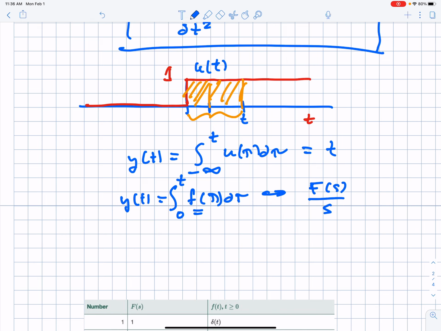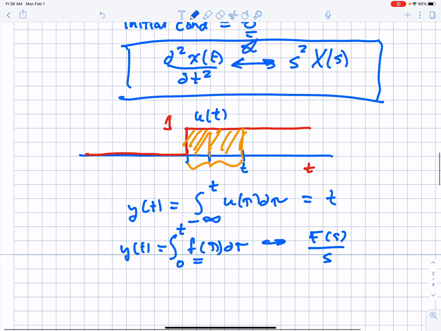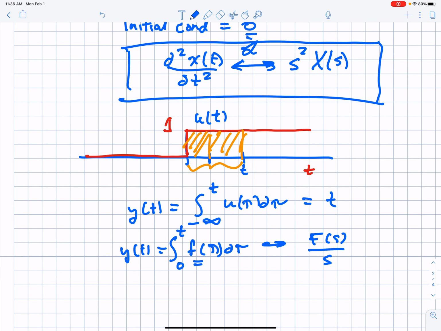Okay? So it goes along with our intuition about the relationship between integration and differentiation, right? Integration does an undo on differentiation. And so if I multiply by s to do a derivative, I would divide by s to do an integral. Okay, so hopefully that makes some sense.